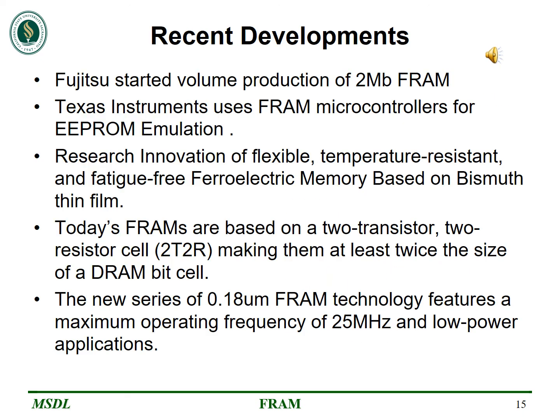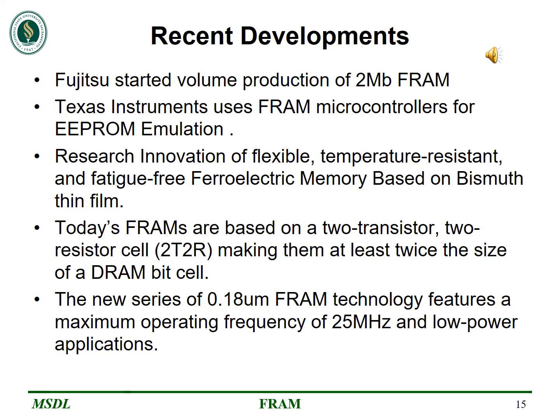During the past couple of years, the semiconductor industry has released some applications using FRAM memory. Here we can see some of the recent developments based on FRAM. Fujitsu has started production of 2 MB FRAM.